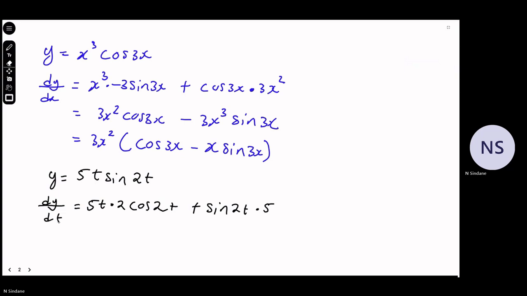What is common here is 5, so this gives 5 into 2t cos of 2t plus sine of 2t. That is the solution when differentiating y equals 5t sine of 2t.